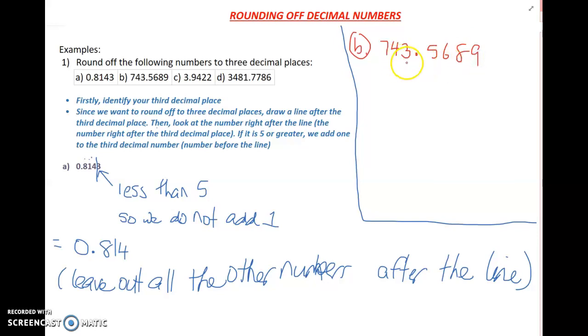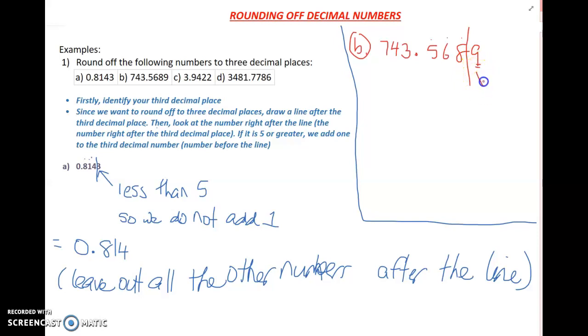Remember, we're going to round it out to 3 decimal places. So again, identify your third decimal place. So decimal point, so the number here, this 5 is your first decimal place, 6 is your second, 8 is your third. After the third, you draw a line. Great. You're looking at the number right after your line, which is a 9.